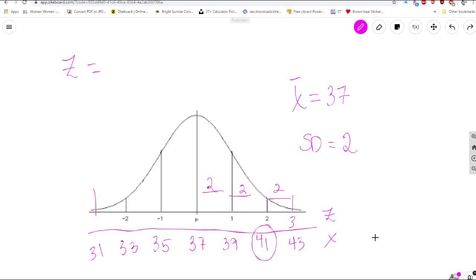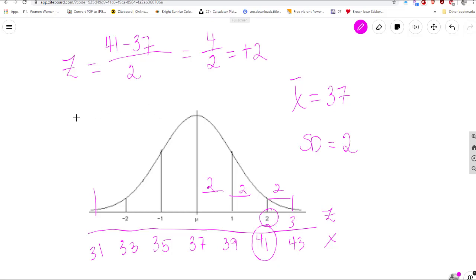So let's just see what would happen if I took 41 and I subtracted the mean and I divided it by the standard deviation, which is 2. What would I get? Well, here I have 41 minus 37. That's going to be 4 divided by the standard deviation, and I get positive 2.